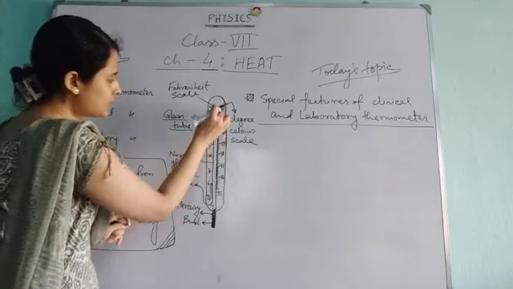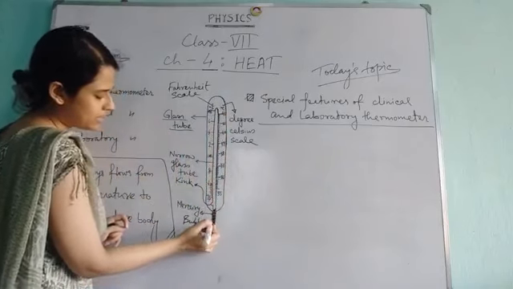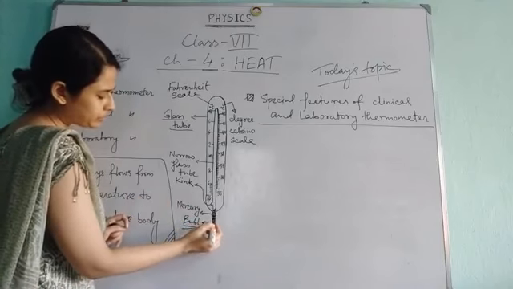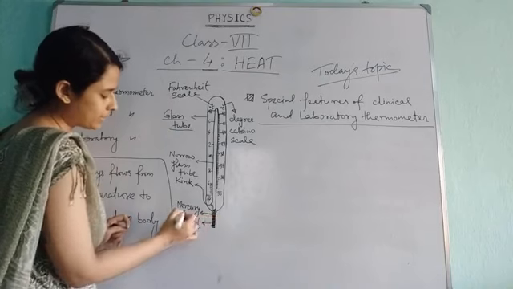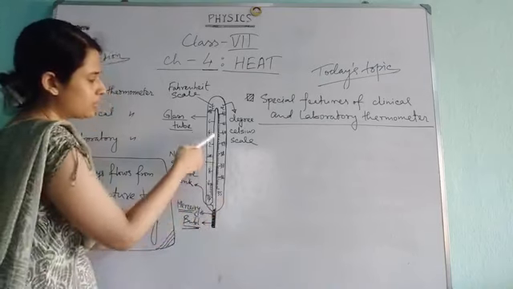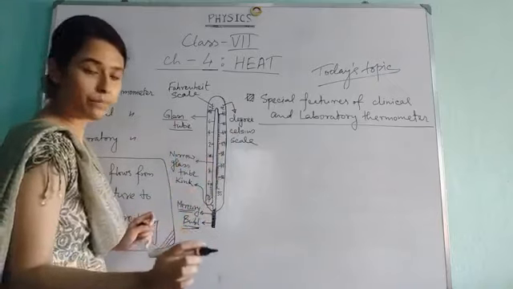Then this tube comes to the end point. This is the bulb. The bulb contains the mercury, the liquid metal which rises through this narrow tube and determines the body temperature.